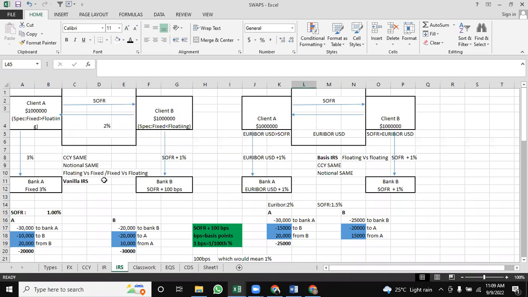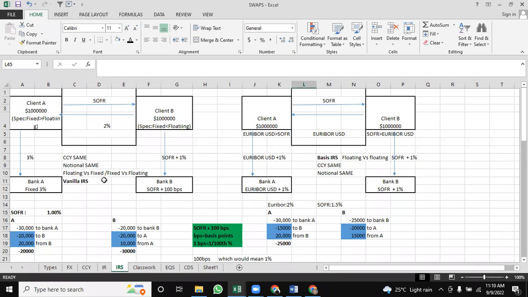From the swaps bank, how much would I receive? In case I borrowed at SOFR plus 2%, then in the interest rate swap agreement, how much would I receive? Let's see if you can figure it out. Let's say I borrowed from my bank at SOFR plus 2%.